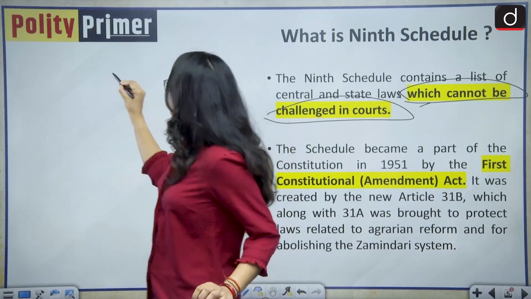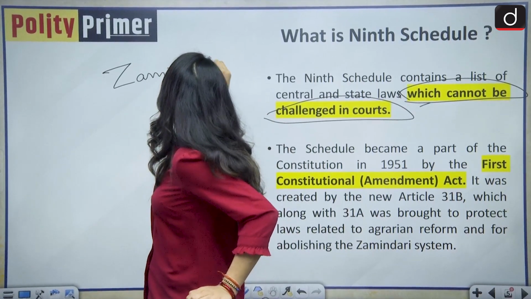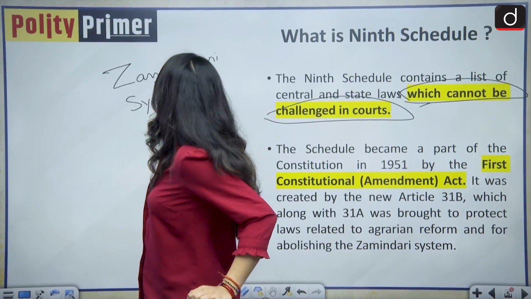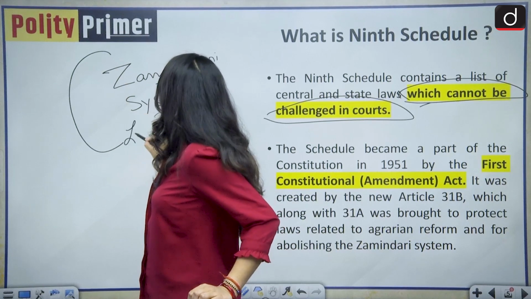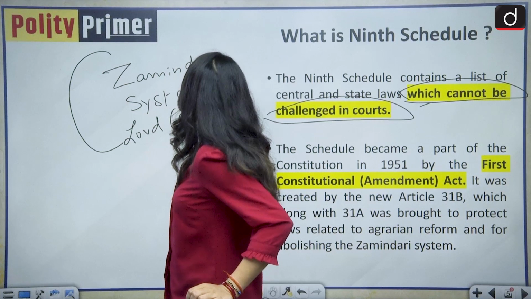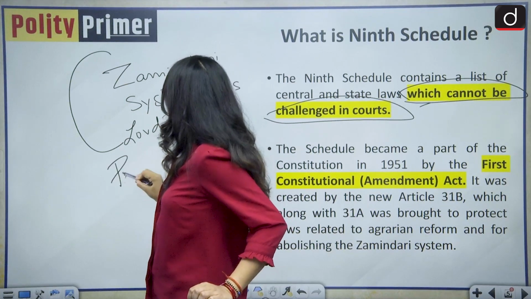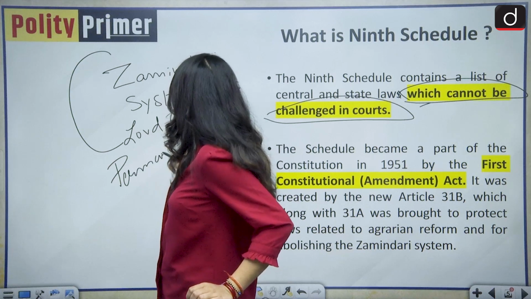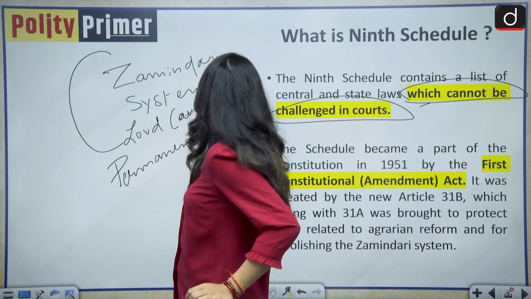There was this concept known as the zamindari system. Lord Cornwallis was the father of this zamindari system. He introduced the Permanent Settlement Act.